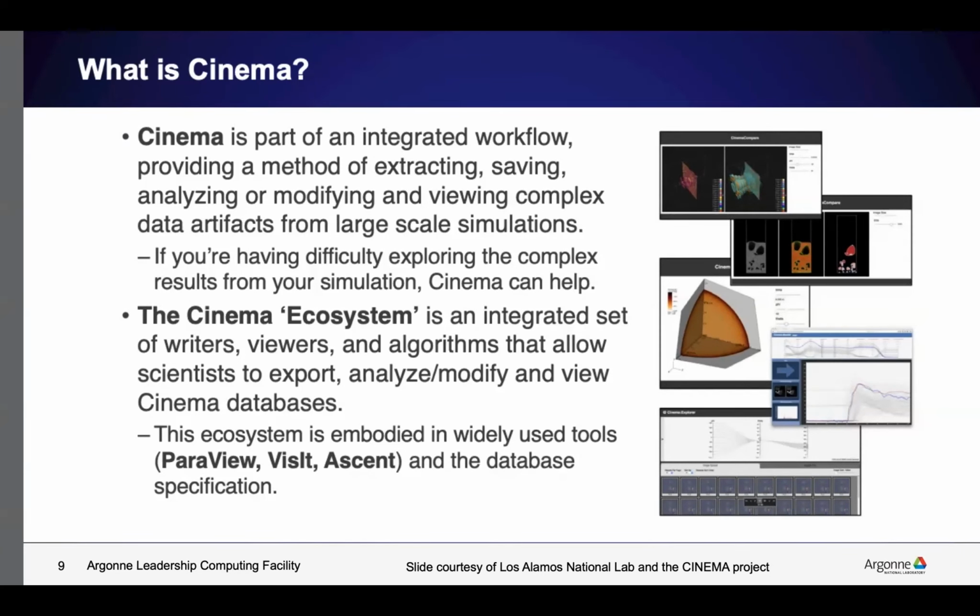You could create multiple views of the data from different angles that you expect will be useful for later exploration, and with different values, for example, of isosurfaces that you can explore later. So Cinema defines how to create those databases that you can interactively explore after the simulation finishes. And it's integrated with ParaView, VisIt, and Ascent.